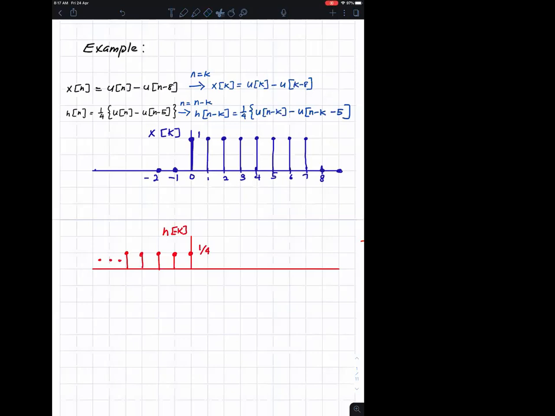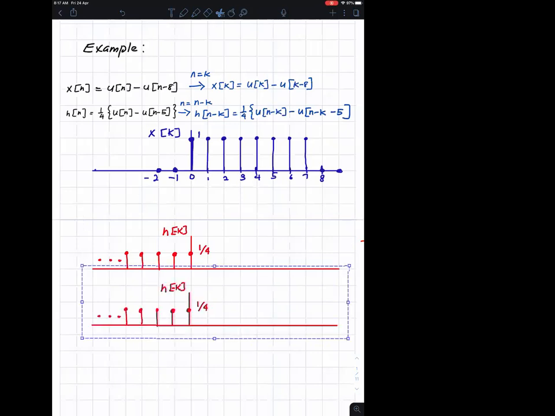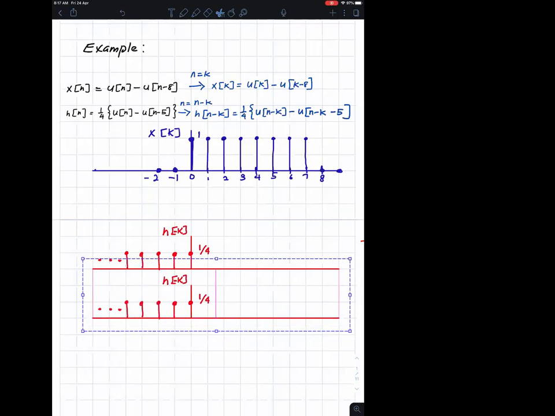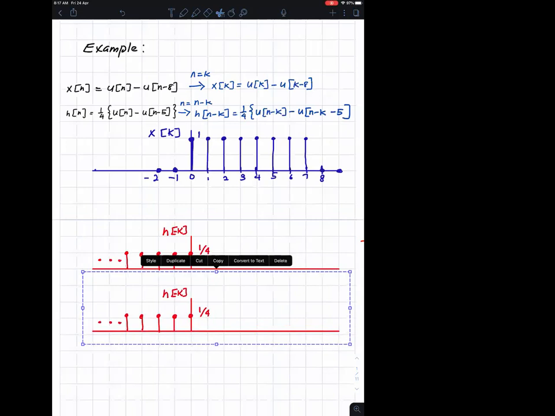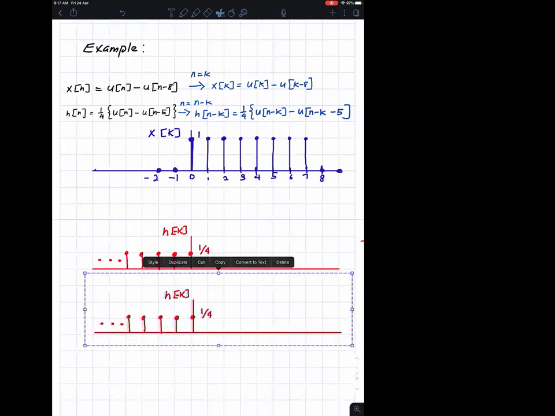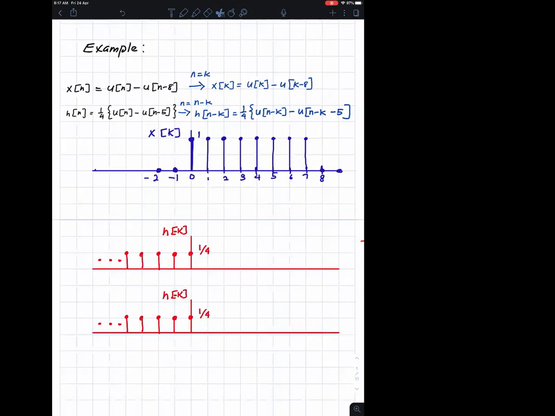Maybe we'll do another step here. 0, -1, -2, -3, -4.